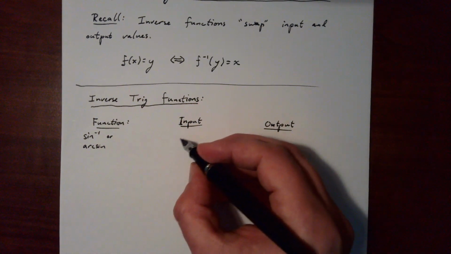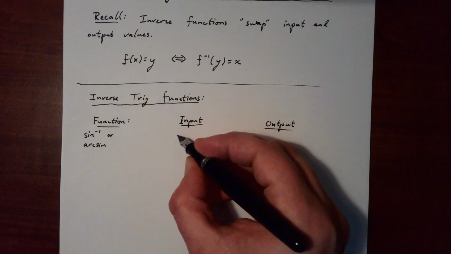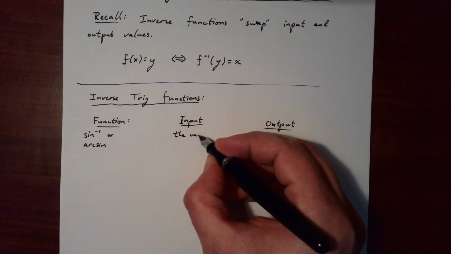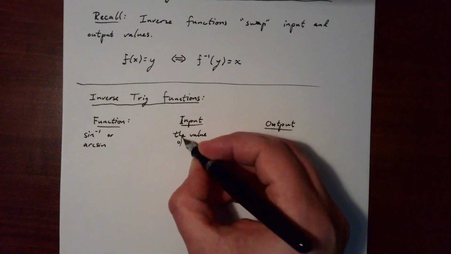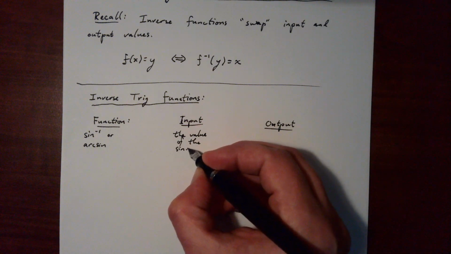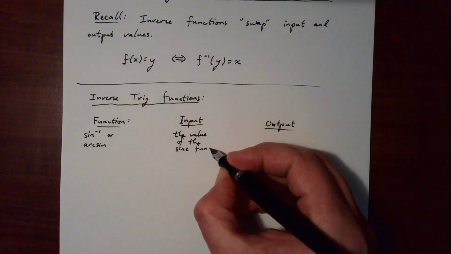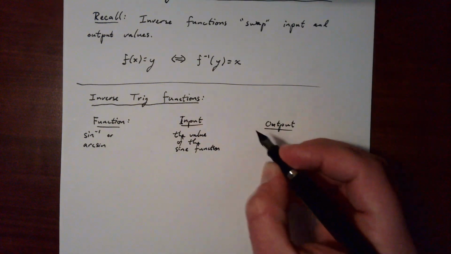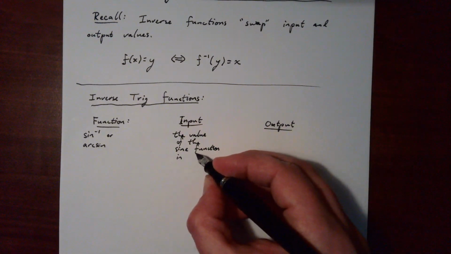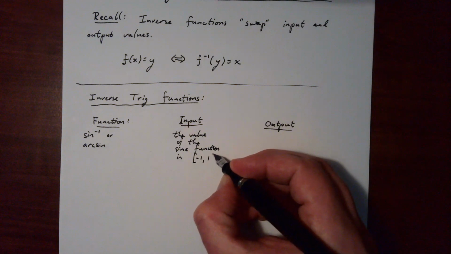The input is going to be the value of the sine function. So that's going to be in -1 to 1.